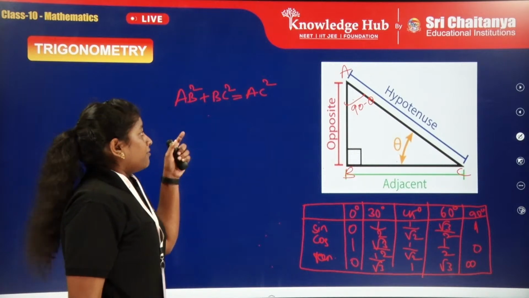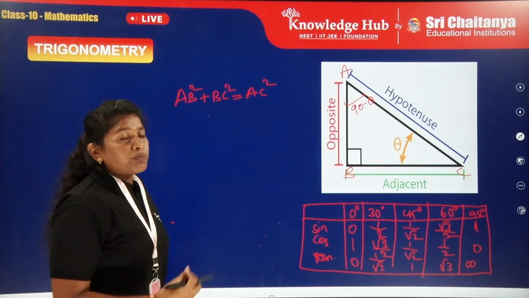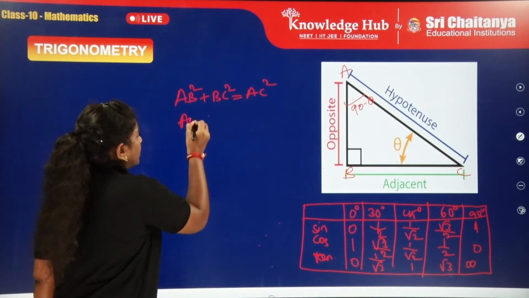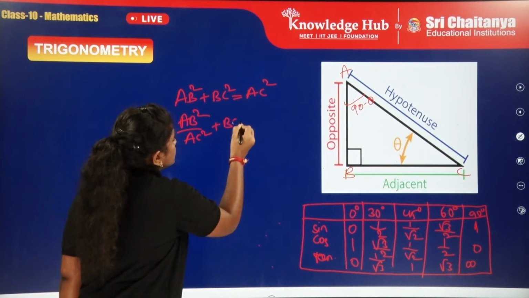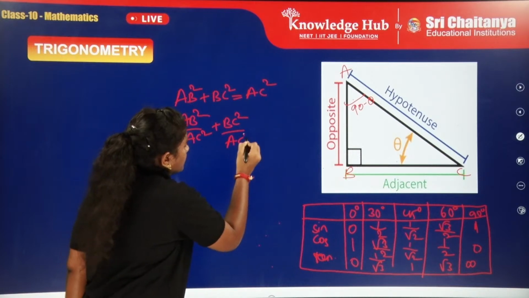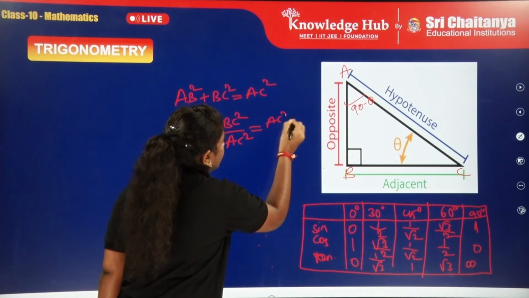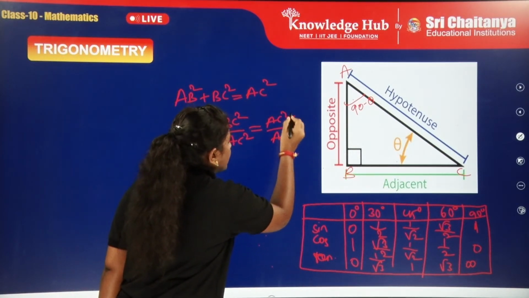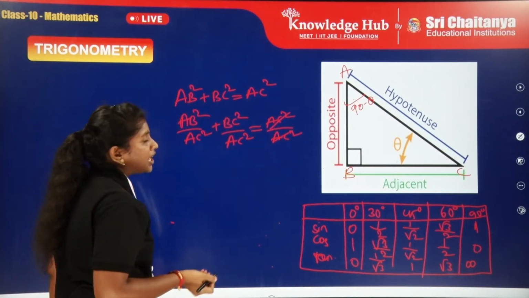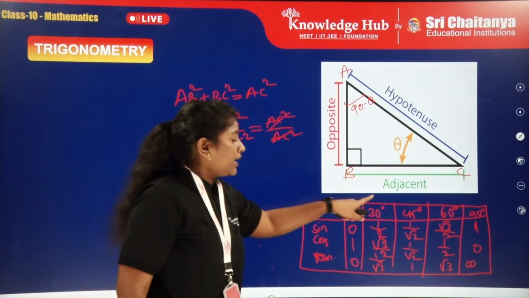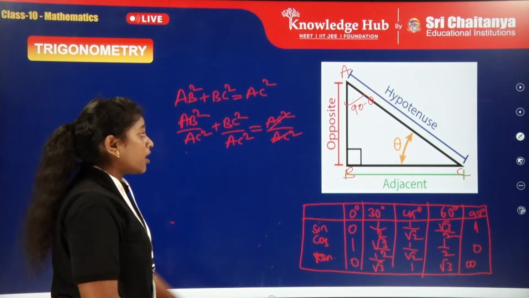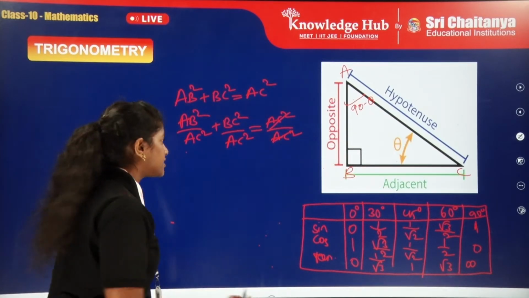Okay. So now if I divide by AC square on both sides, it will become AB square by AC square plus BC square by AC square, which equals AC square by AC square. So now AC square will get cancelled and you will get the value as 1. Now AB by AC, that means opposite by hypotenuse, will give you sin theta.